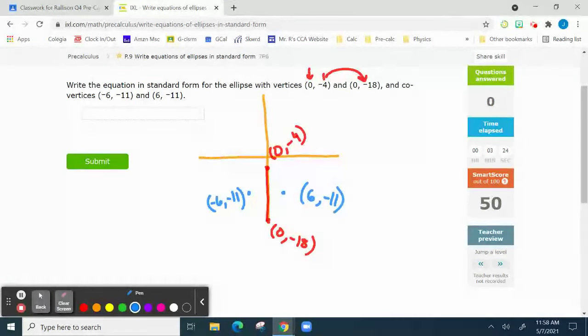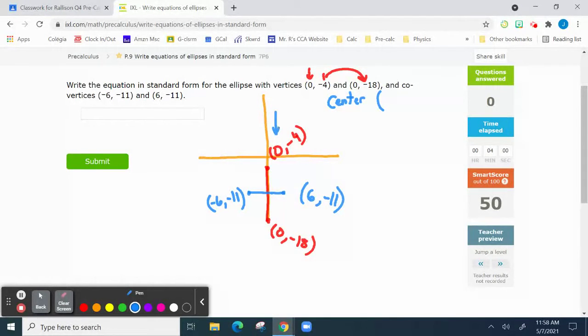So what do we know? What can we look at? I'm going to draw the minor axis there as well. So we can already see a few things. We can see our center there. I'm going to write center right up here. It's going to be 0 for the x coordinate and -11 for the y coordinate. Why? Because we can see the 0 here doesn't change going all the way down.